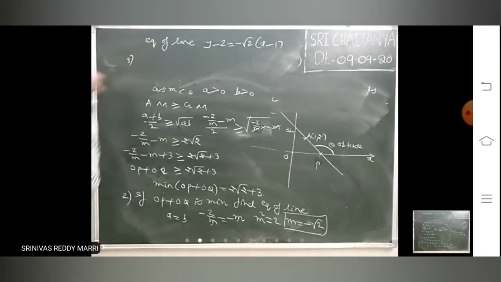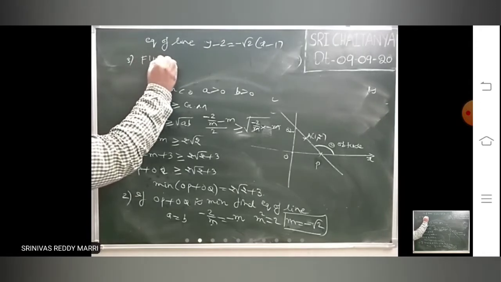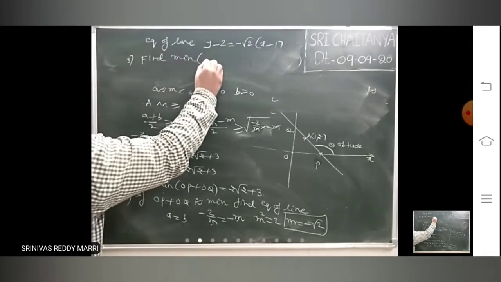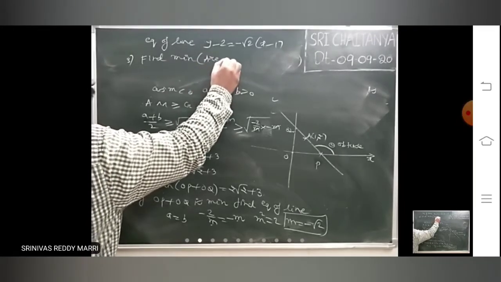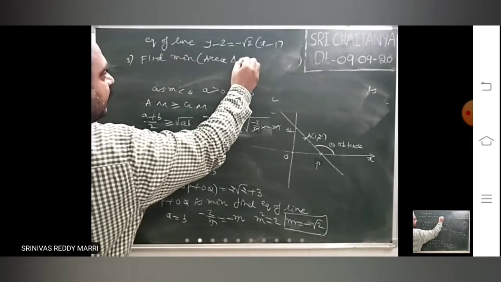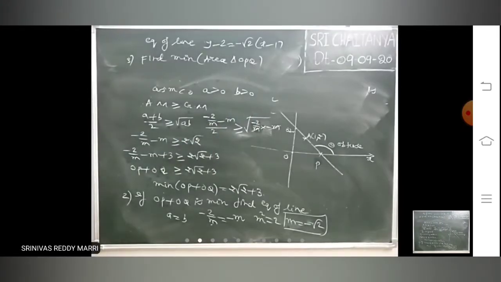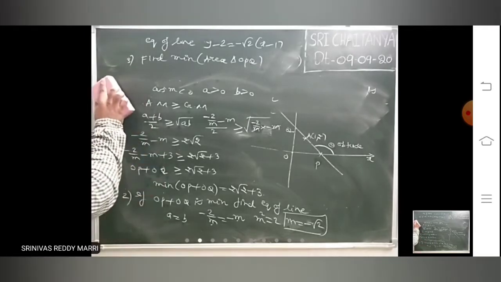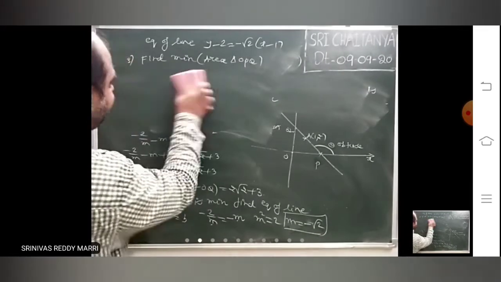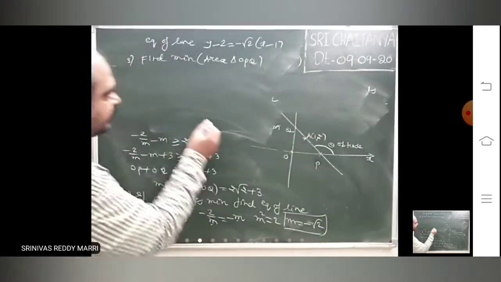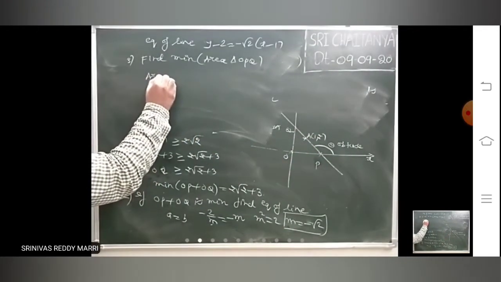Suppose third question in this only. Find the minimum value of the area of triangle OPQ. Area of triangle OPQ is nothing but, now here OP we have calculated, OQ we have calculated.